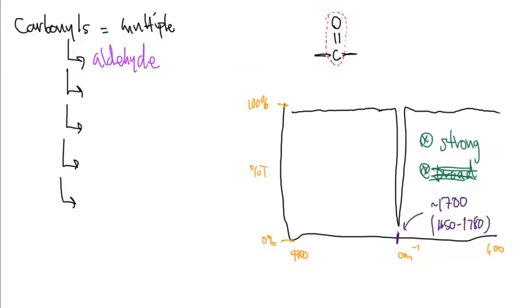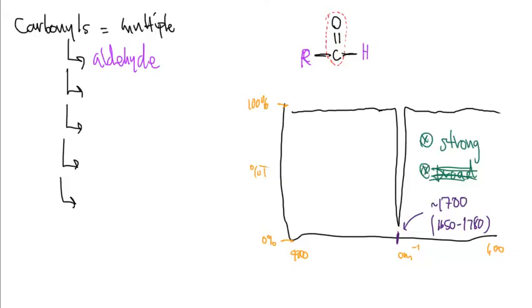And with aldehydes, what we will discover is that on one side, we will have a carbon chain. It can be anything that it wants to be, so I'm going to put an R there. It can be a ring, it can be a straight chain, but there's a carbon chain over on that side. And on the other side is a hydrogen.